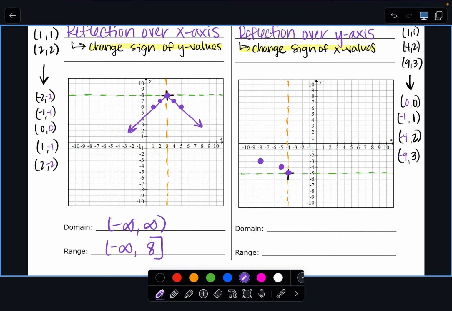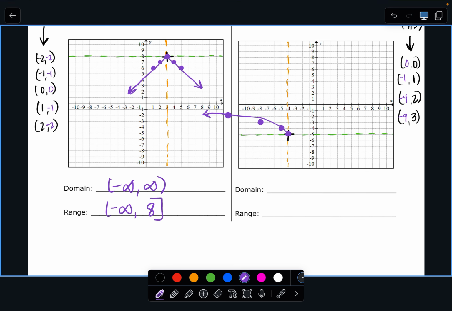And technically, even though it's not going to fit, we would go left 9. I'm going to try to estimate where it would be. 1, 2, 3, 4, 5, 6, 7, 8, somewhere here. And you should get a square root function that looks like it was flipped over the y-axis.